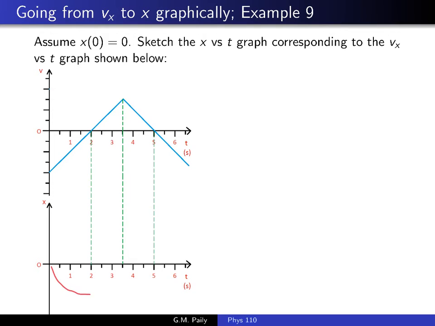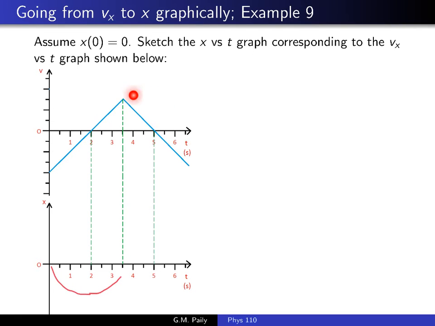If they had been equal, then those two areas would have cancelled out and the x versus t graph would have returned to its starting point. Since they are not equal, however, this means that the final total area under the curve here is negative, which means that the final position at the end of 3.5 seconds should be negative. This is roughly the shape we are looking for.